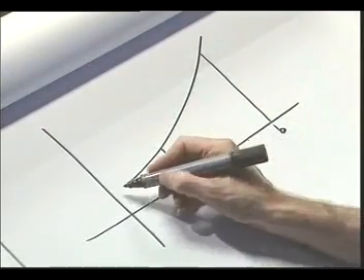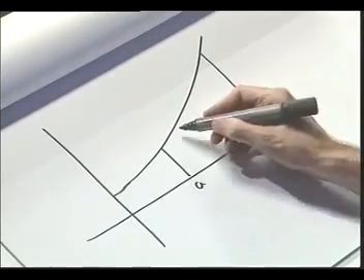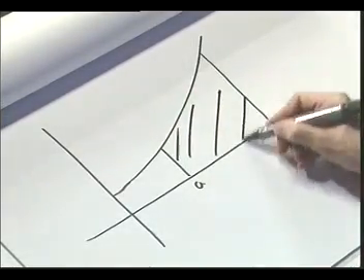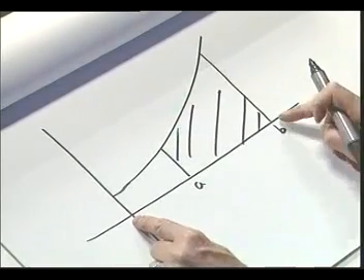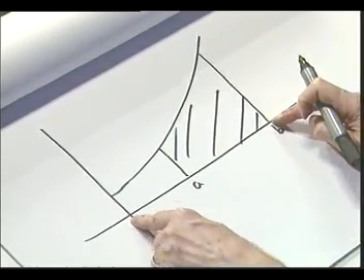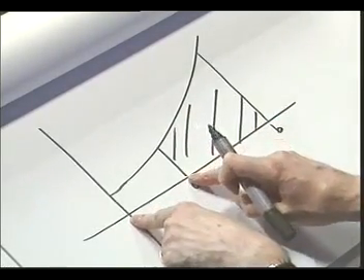What would we want to do? Take that back to the y-axis there. What would we want to do? Well, this is the area that we're after. If we think about what that area is, it's the area from 0 to b minus the area from 0 to a.